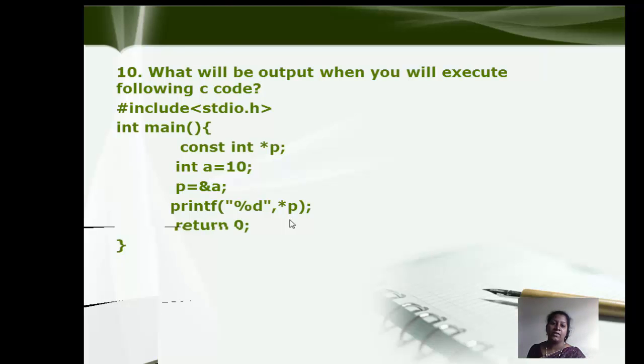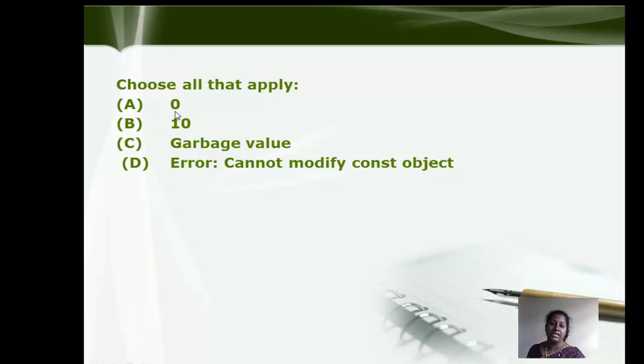Option A has a value of 0, option B has a value of 10, option C garbage value, option D error. So which will be the right option? Let us look at the answer for this question. It will be option B, 10.